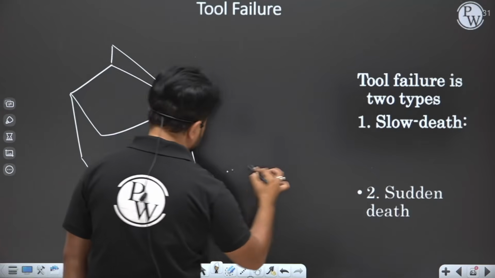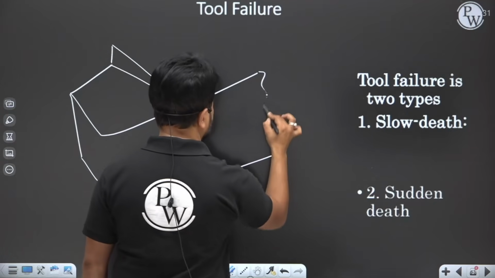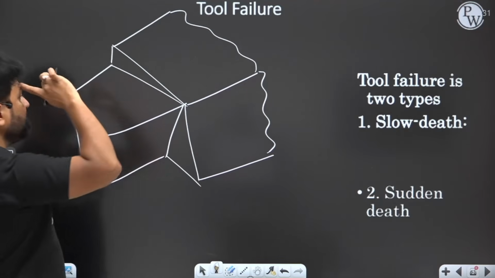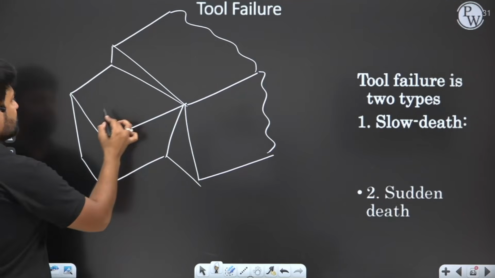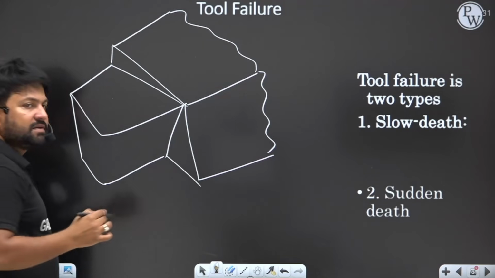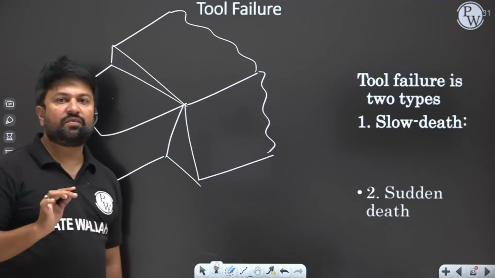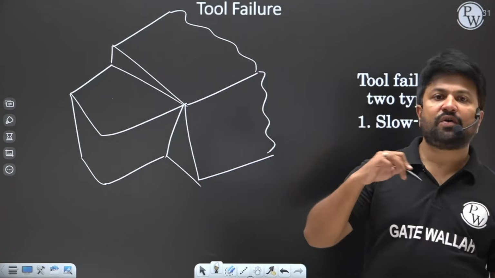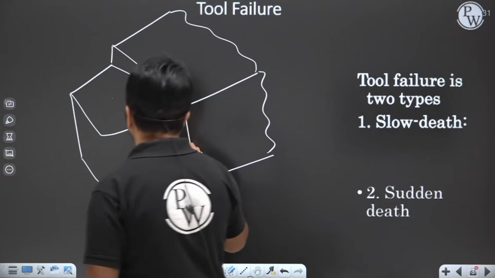This is a tool. As you can see, this is a rake surface. In slow death, there is basically the gradual or progressive wearing away of the rake face in terms of crater wear.